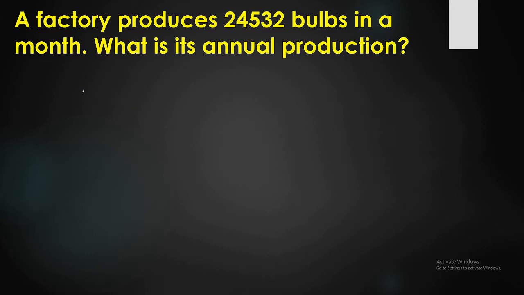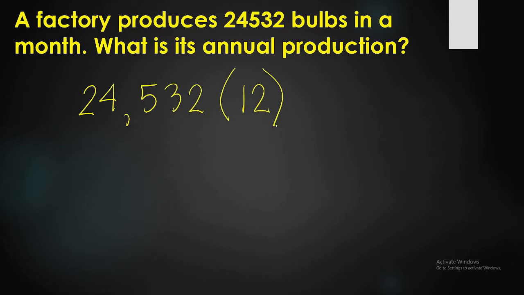Okay, I'm going to write that down, and then let me ask a question. 24,532 times, why times? Where did you get the 12, Rusty? Where is the 1 year there, Rusty? Do you see? Okay, very good, Rusty.